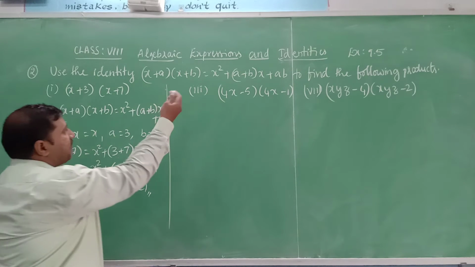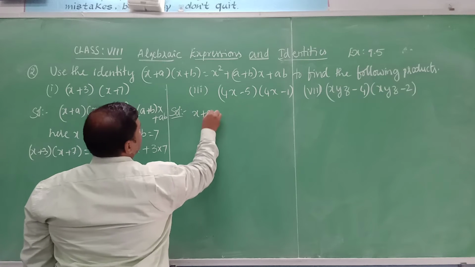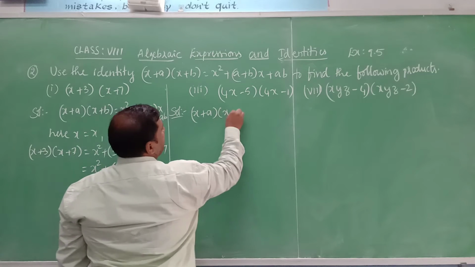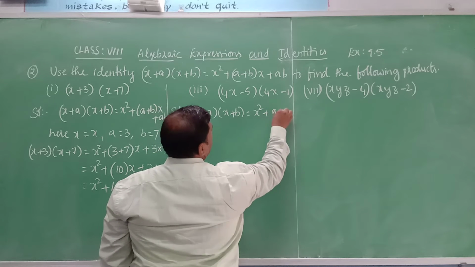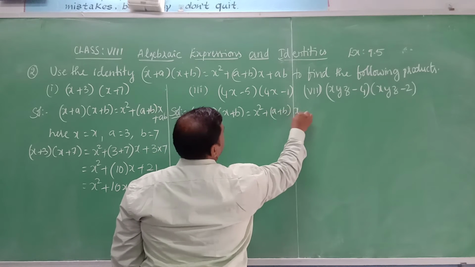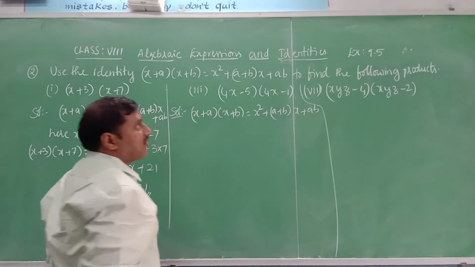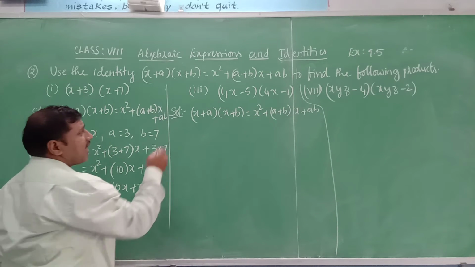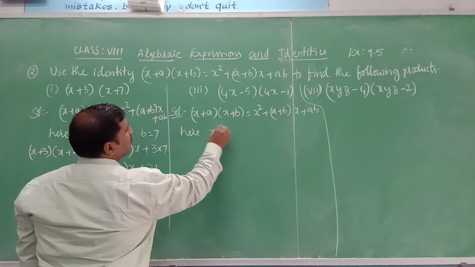Now we will see the third bit here. So the identity is x plus a into x plus b, that is equals to x square plus a plus b into x plus ab. Now you see here, x is equals to the first term.